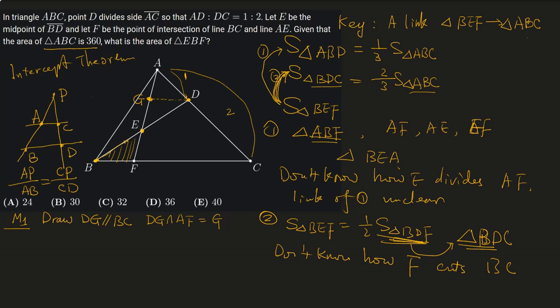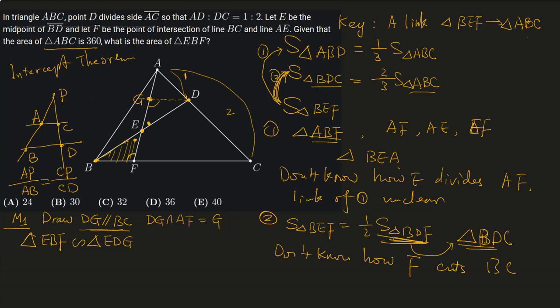Now we find one thing interesting. Triangle EBF, that is the shaded triangle, is similar to triangle EDG. That is because these two lines are parallel, and so this angle equals this angle, right? And this angle equals that angle. Good.